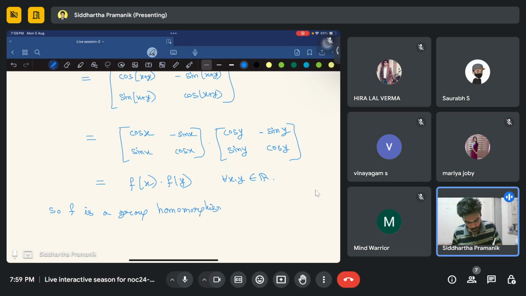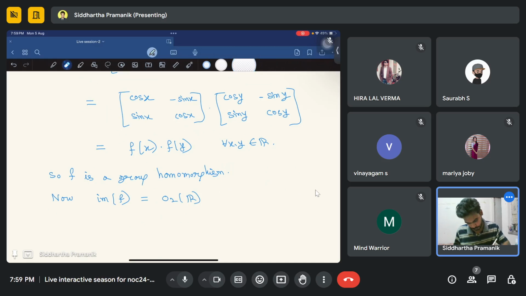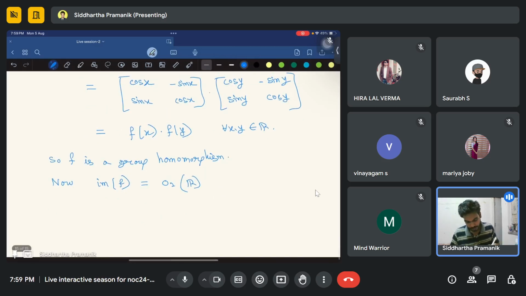As I have already told, the image of this map is O_2(R), the 2 by 2 orthogonal matrices over R. Let's write down the kernel.